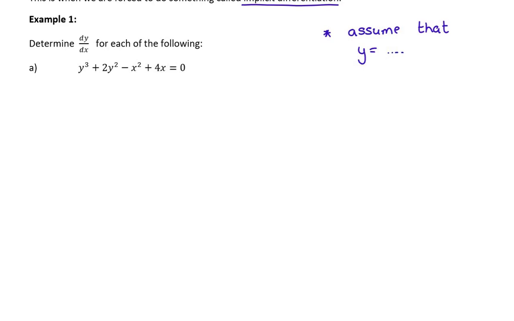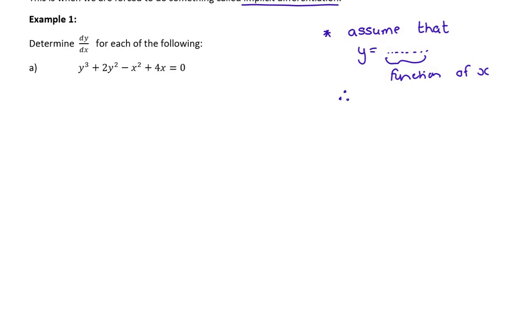So y is some function of x. The point is you haven't been able to figure out what function it is. So you can't differentiate y explicitly because you don't actually know what y equals. But ultimately, if it was possible to isolate y, it would be equal to some function of x.